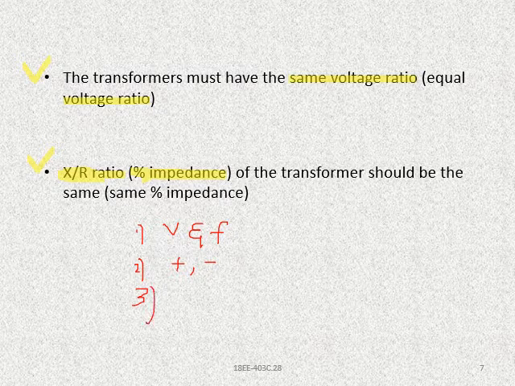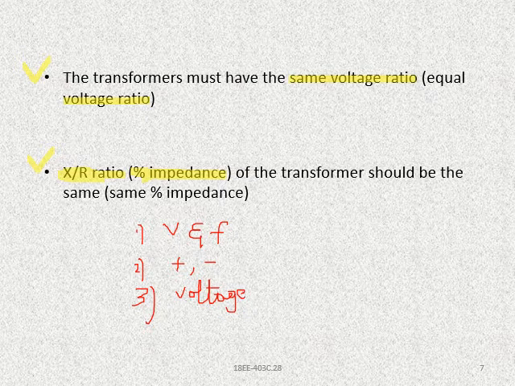Third is the voltage ratio should be same. And fourth one is X by R ratio should be same.